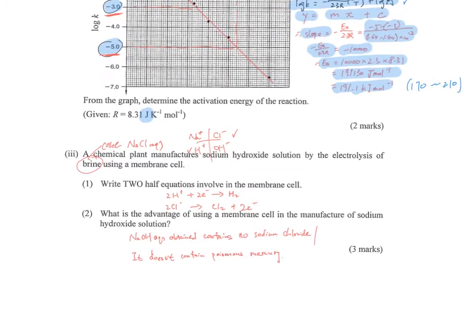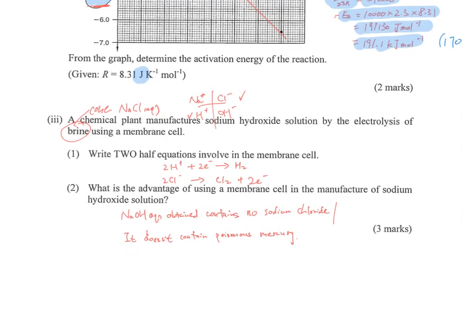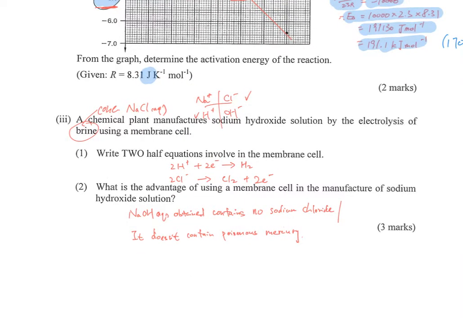Then for part 3, this is also familiar. Suppose electrolysis of brine by using a membrane cell. In the membrane cell we have two half equations, because we know that brine is a concentrated sodium chloride solution. The cathode attracts cations, and the anode attracts anions.